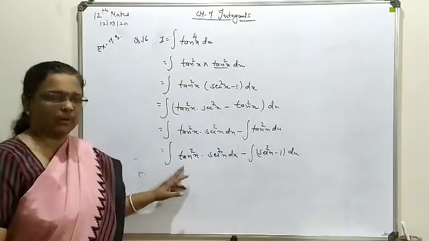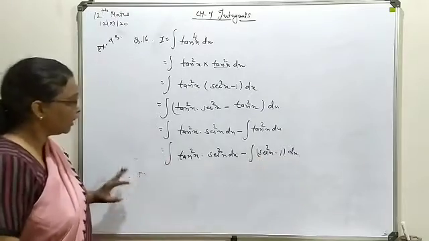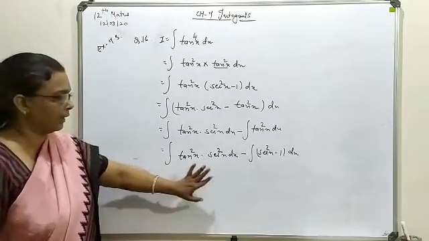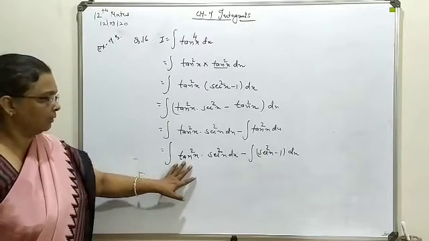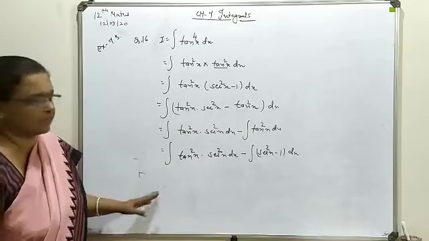Now for this part only, because now this is available for direct integration, there is no problem. So this you can handle separately, or for this one only tan x you will suppose as t, because in that part no tan x is available.